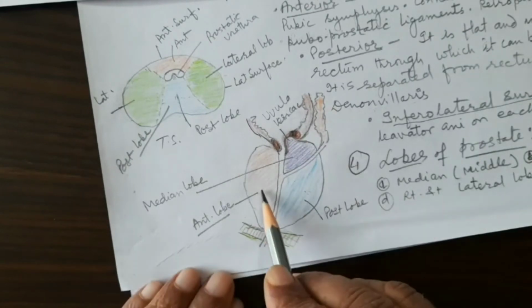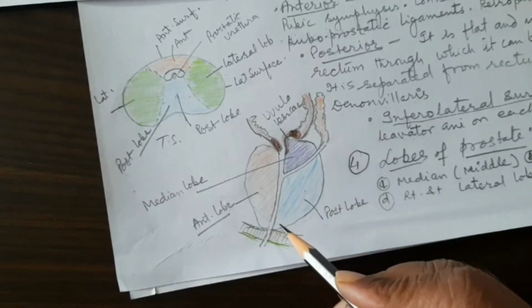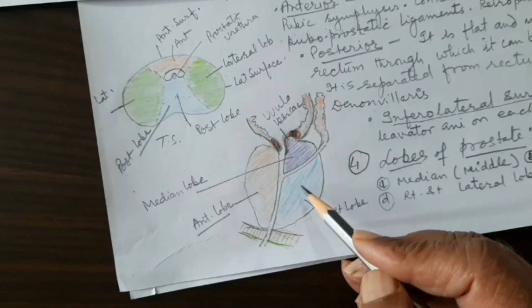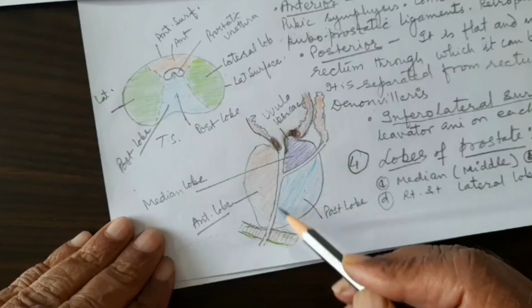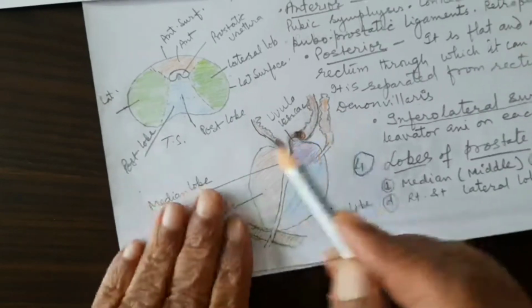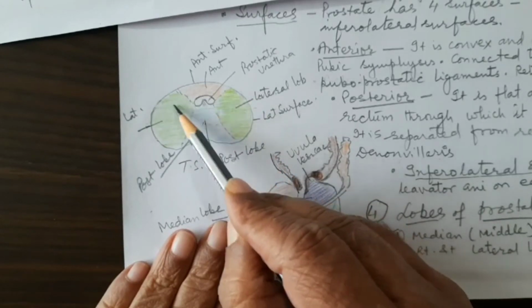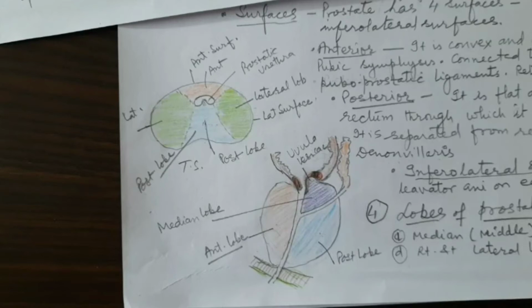Then we come to the anterior lobe. It is present here in front of the urethra, in front of the prostatic urethra, and has absolutely no glands. See here, this small part which lies in front of the urethra has no gland, so it doesn't show any enlargement.